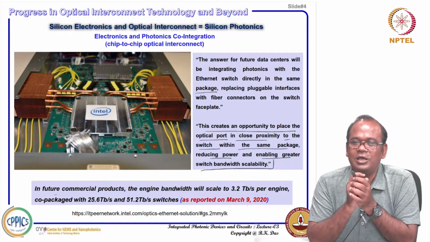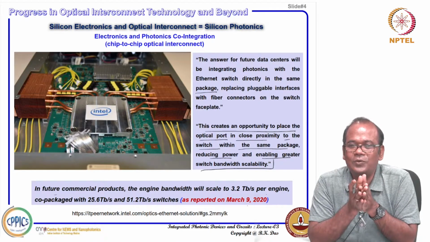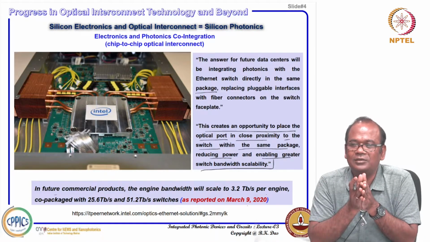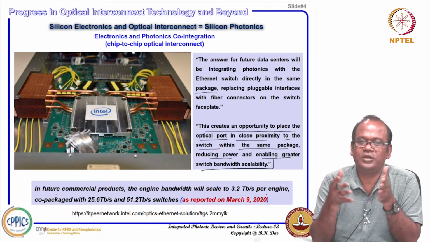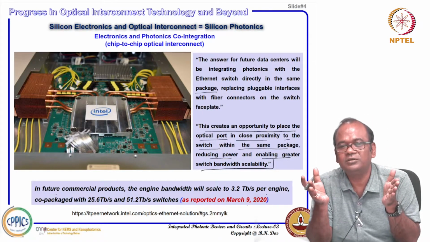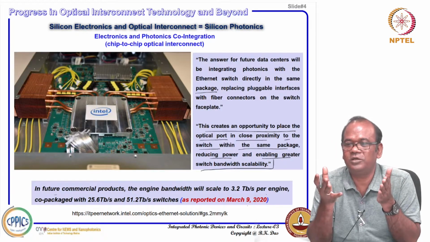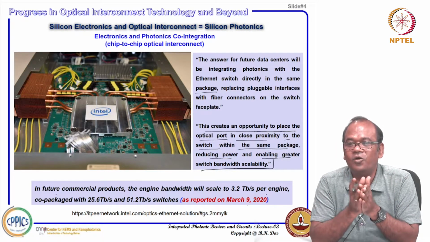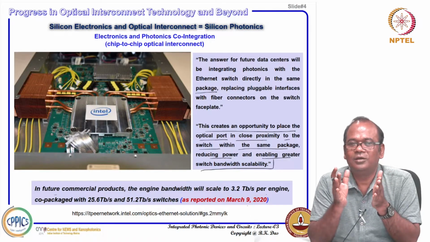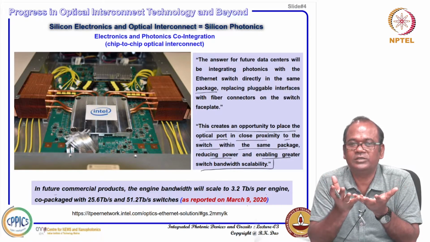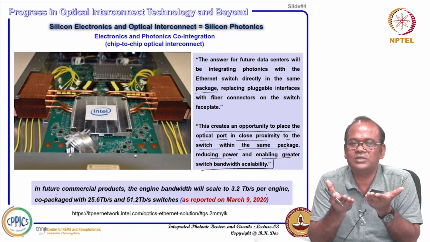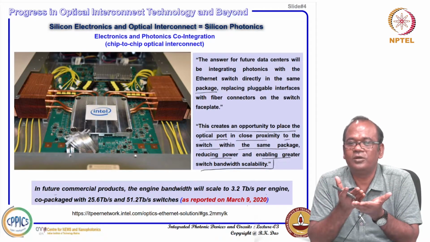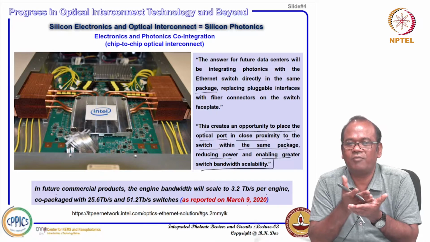So, here one thing you can imagine: for rack to rack communication, a huge number of transceiver modules you need, that is already in use. Now, people are going into box level communication. So, chip to chip communication, that is also just scaling up in terms of how fast you can communicate.